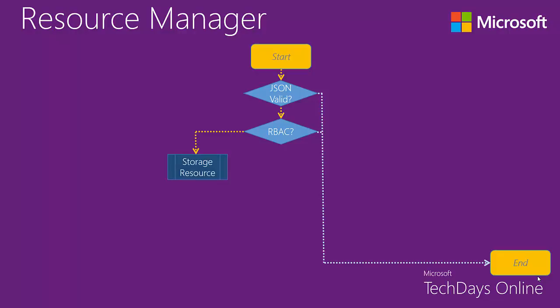If, however, we pass that check, then the resource manager is going to double check and ensure that we have storage resources that are necessary to host the artifacts of our application, the virtual disks for our service, and once those have been provisioned, we can move forward and start looking at the network. Now, in a similar manner, the resource manager will move forward and communicate with the network resources. Now it's important to identify that in storage, in network, and in the compute we look at in a moment, these are all software defined.